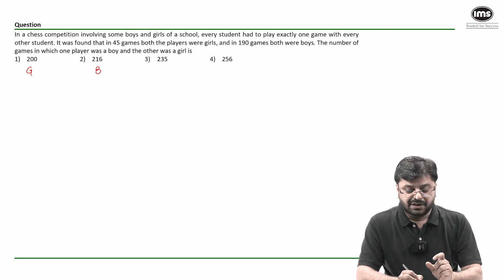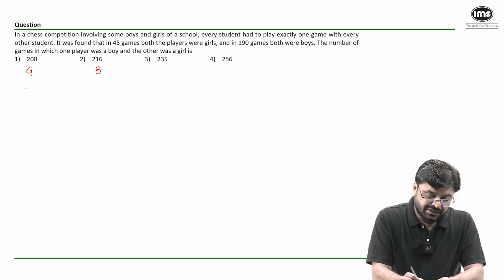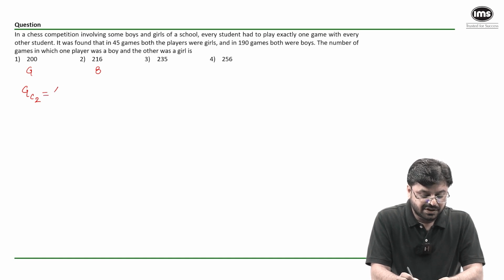Now, the number of games in which both the players were girl were 45. So that means the number of ways of selecting two girls out of G girls is equal to 45. That is G into G minus 1 upon 2 equal to 45.